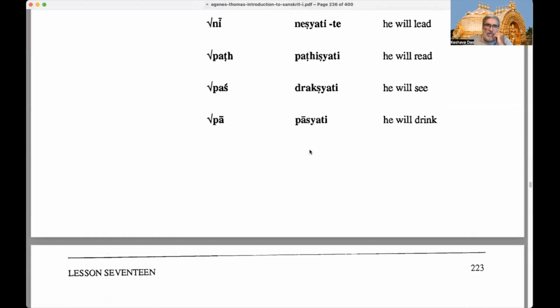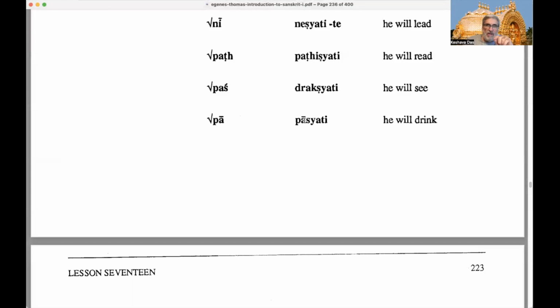And the last one I think we're going to talk about here is pa. Pa means to drink. And the long A stays a long A when it gets strengthened because it's already long and strong. So pa becomes pash, and we add sya and t.